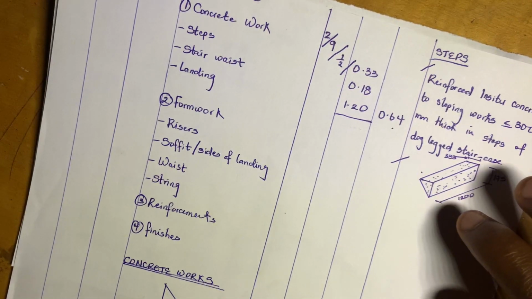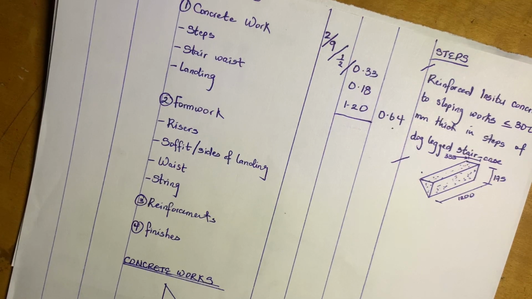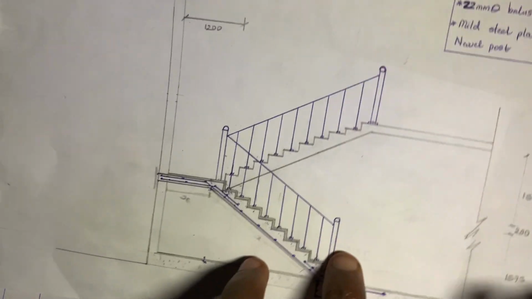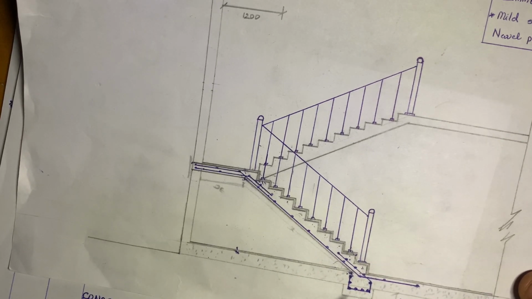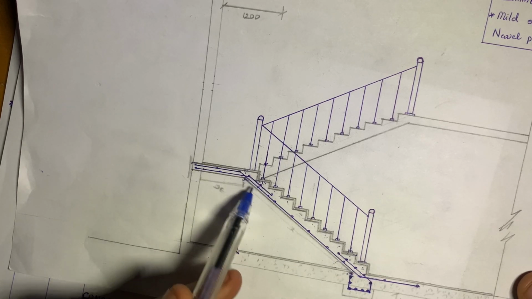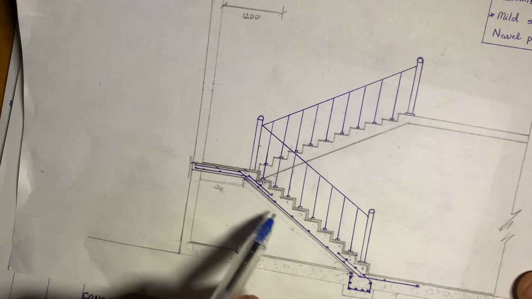Step. The next thing we're going to be measuring for is our what? Waist. So now to measure for our waist, like I said before, after we've cut out our step and our landing, the shape of our waist is a what?